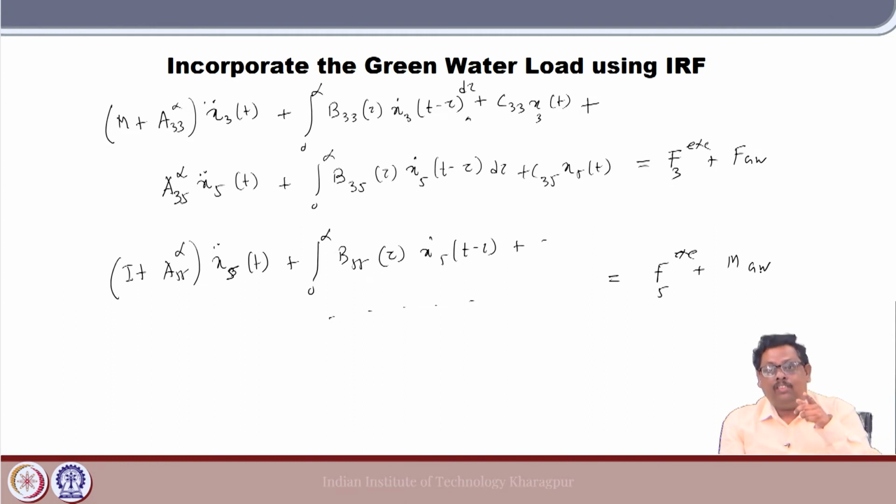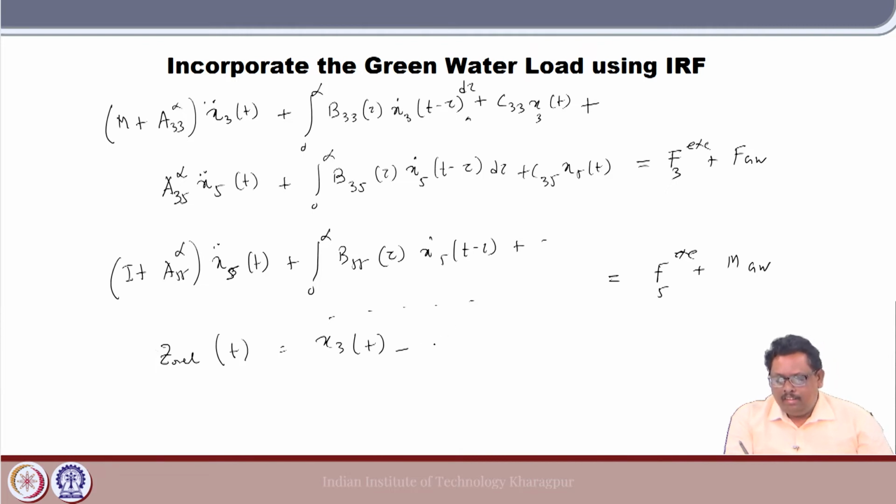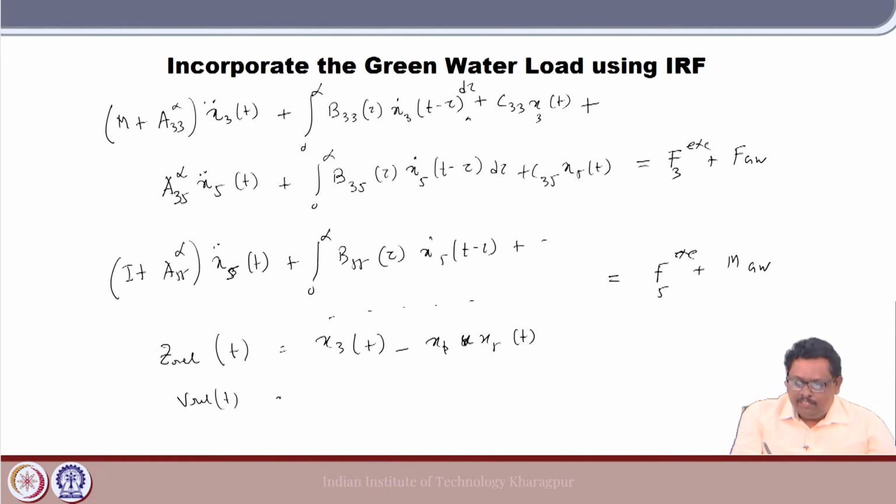And one thing I forgot: numerically, how can we get the z relative? I know that z relative t equals x 3 t minus x p into x 5 t, right. Then V relative t you can get in a similar way: it is V 3 t minus x p into V 5 t, right.